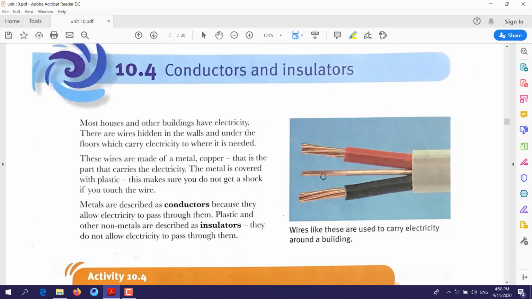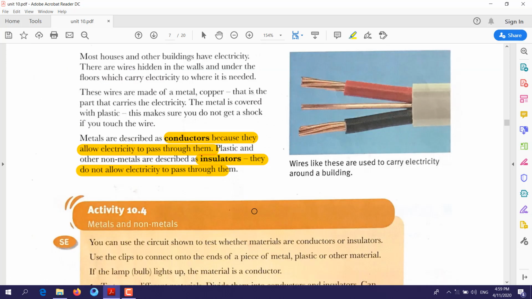These two charges should not touch each other inside the wire. So what they do is cover the metal with plastic. Plastic is what? It's an insulator. So insulators do not allow electricity to pass through them. Conductors allow electricity to pass through them.